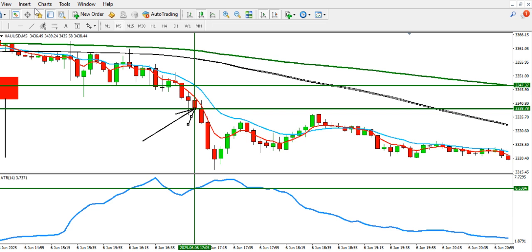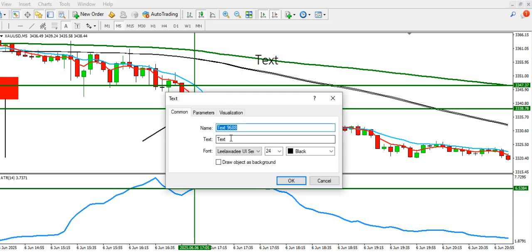So if we are going to do the calculation, it will be 3347.37 for the 13 period value, plus, this time around, because we are trying to get the stop loss above, 6.538.